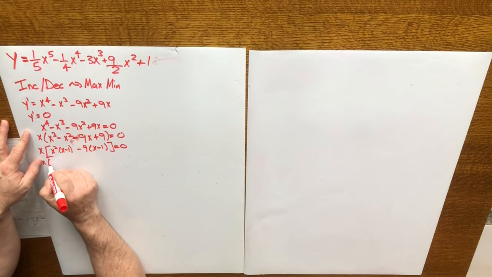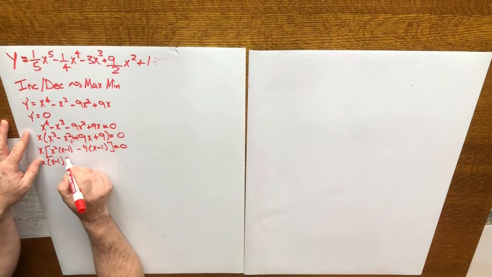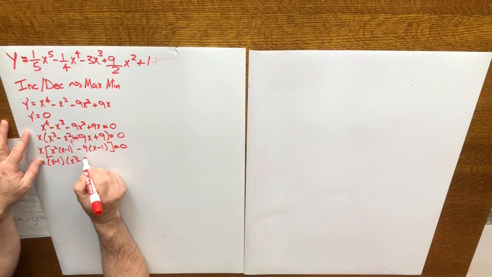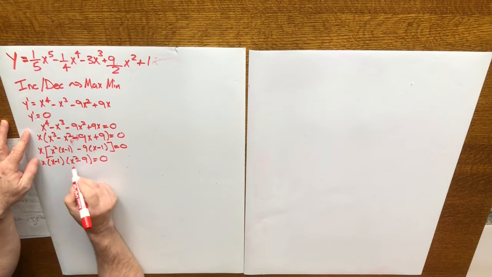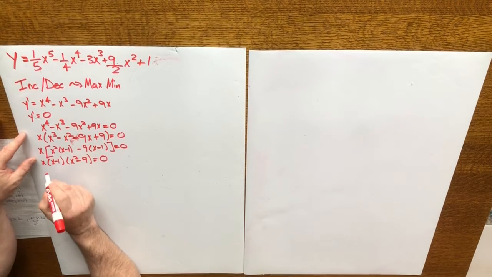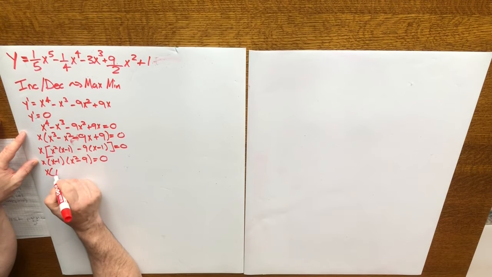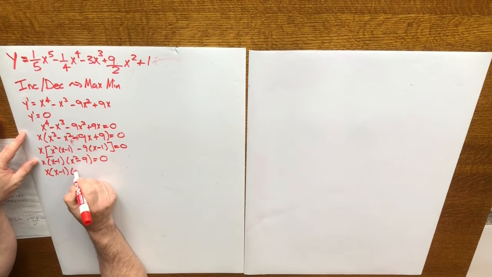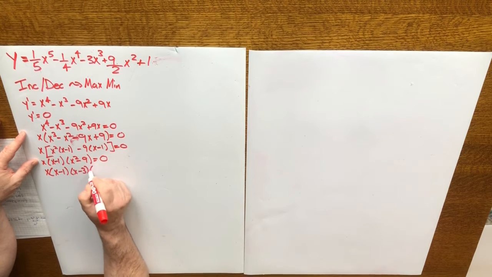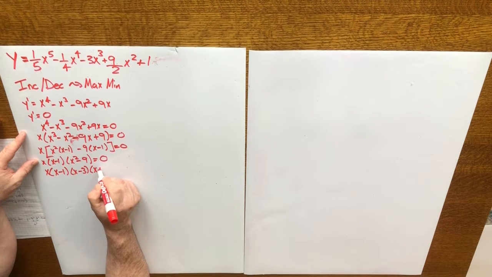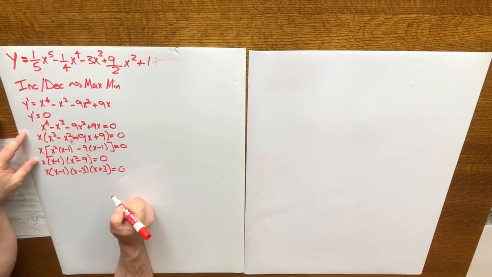So we're left with this. You can do difference of squares on x squared minus 9, and you get 4 factors multiplied together to give you 0 for your first derivative.